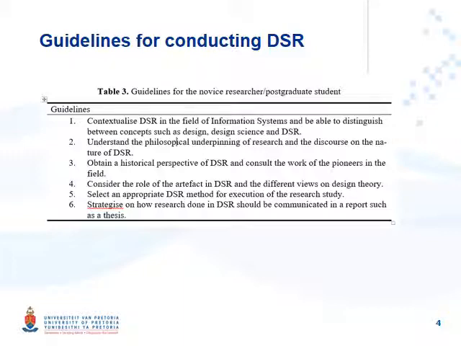Thirdly, you need to understand where design science research originates from and look at the works of the pioneers in the field. Then you need to focus on the role of the artifact in design science research and the different views on design theory. Fifthly, you need to select an appropriate design science research method for execution of your research study. And then lastly, think about how you're going to communicate your research done in design science research, for instance, in a thesis.